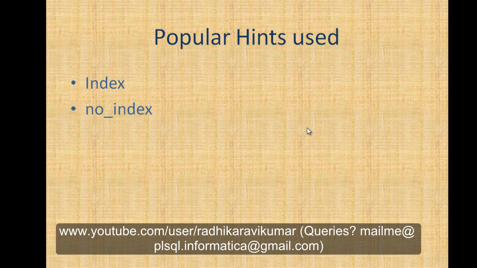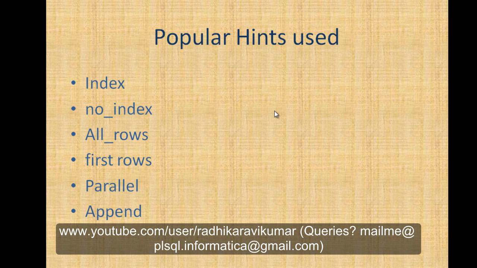So these are the two hints, and the next ones are ALL_ROWS and FIRST_ROWS, and we have PARALLEL and APPEND. These are the popular hints that are used. In my next tutorial I'll first discuss INDEX and NO_INDEX, then we'll move on with the other hints.